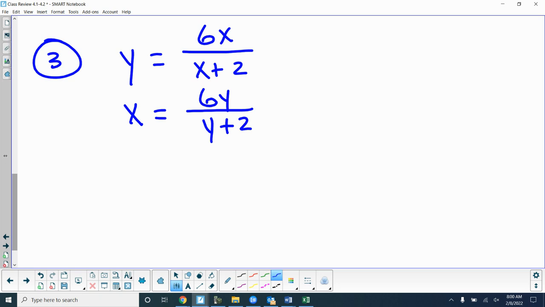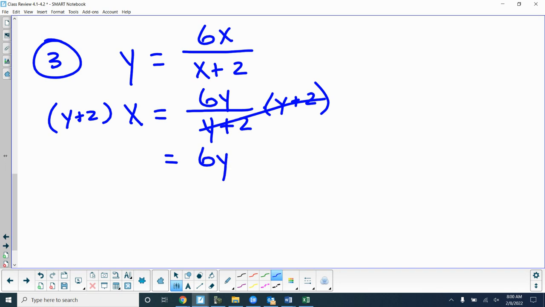How do I move that y plus 2? Multiply, right? So we're going to multiply by y plus 2, both of them. So we usually do it like that, right? Those cancel. So I got 6y on the right. I would distribute these. Okay? Distribute the x.